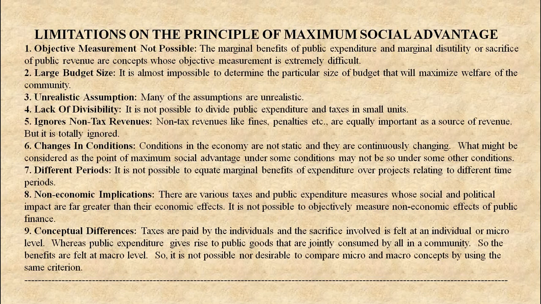The marginal benefits of public expenditure and the marginal disutility or sacrifice of public revenue are concepts whose objective measurement is extremely difficult. Second, large budget size. It is impossible to determine the particular size of budget that will maximize the welfare of the community. Third, unrealistic assumptions. Many assumptions of the theory are unrealistic.